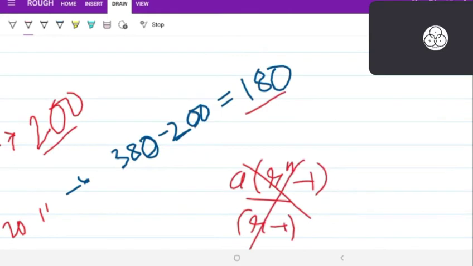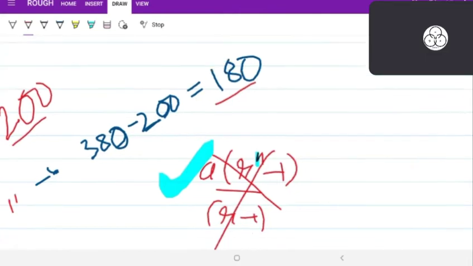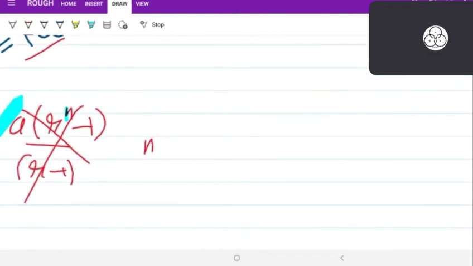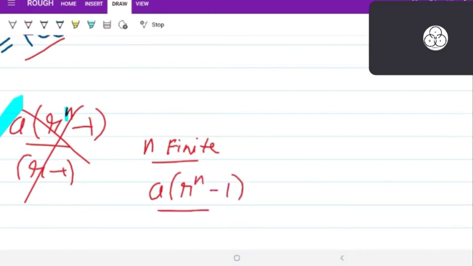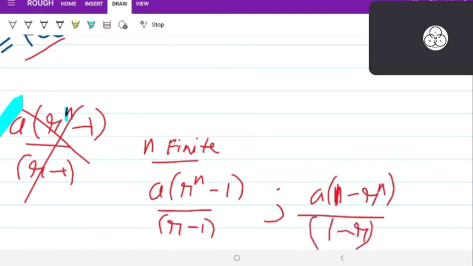Though if you solve this, when n is finite, no matter how you write, you can write in this form. Both the formats are valid when n is finite.